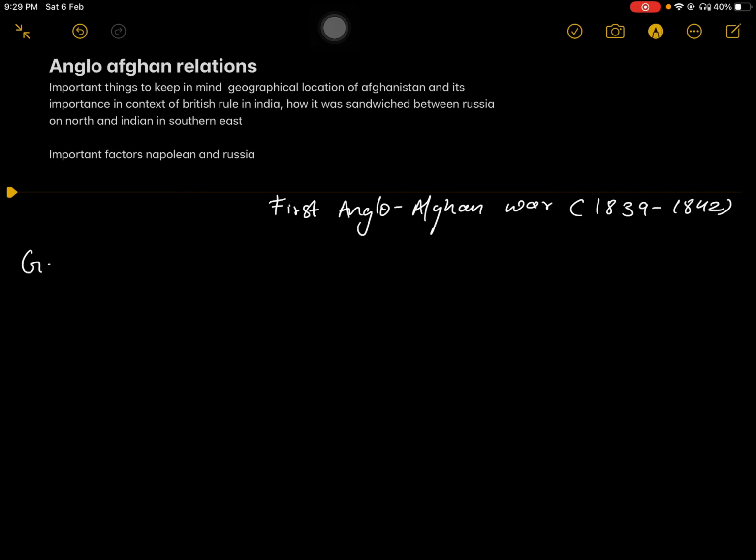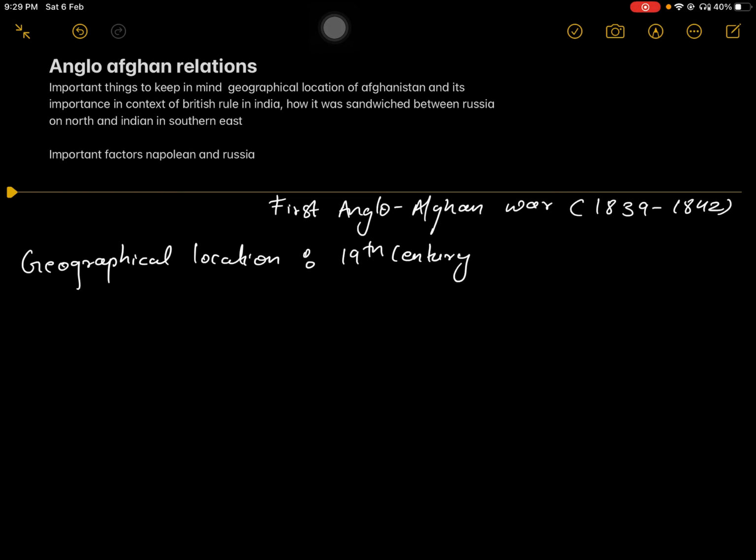You have to understand the geographical location of Afghanistan, and we are talking about the 19th century. Even today the geographical location has not changed, but of course there are changes in the map of Russia and also in India. We now have Pakistan in between.